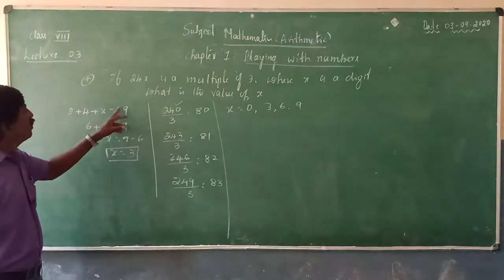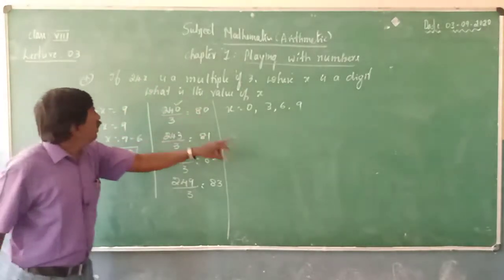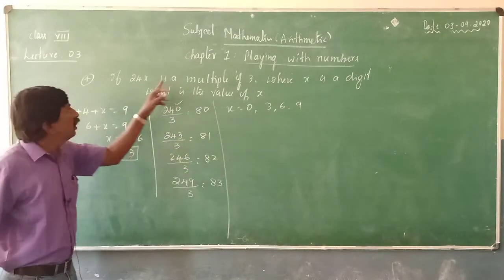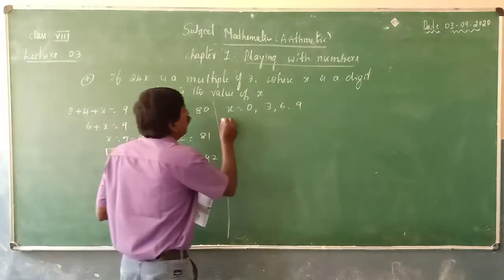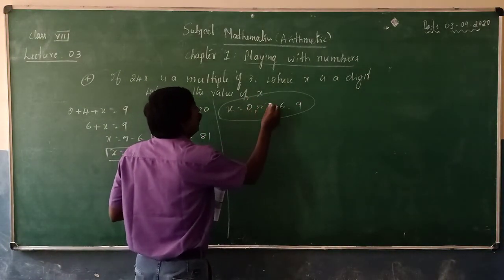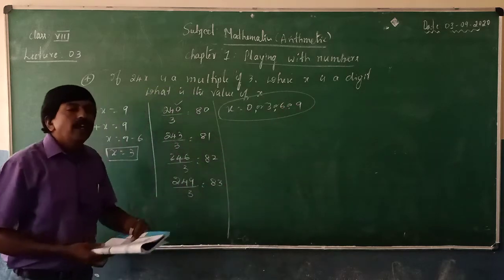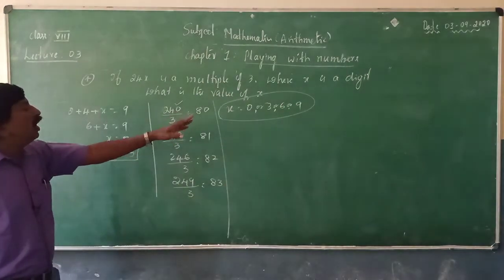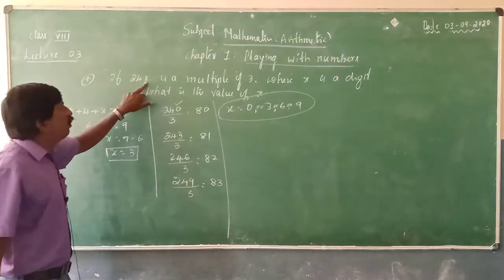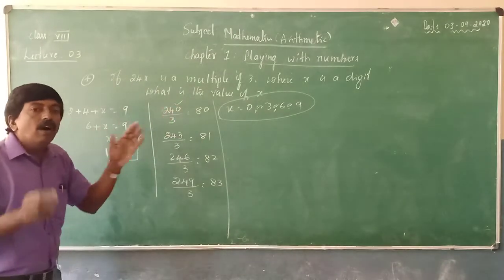Remember here, in the unit place, x is 0, either 3 or 6 or 9. So therefore, these are all the 4 values: x is 0 or 3 or 6 or 9, maybe 0, maybe 3, maybe 6, maybe 9.